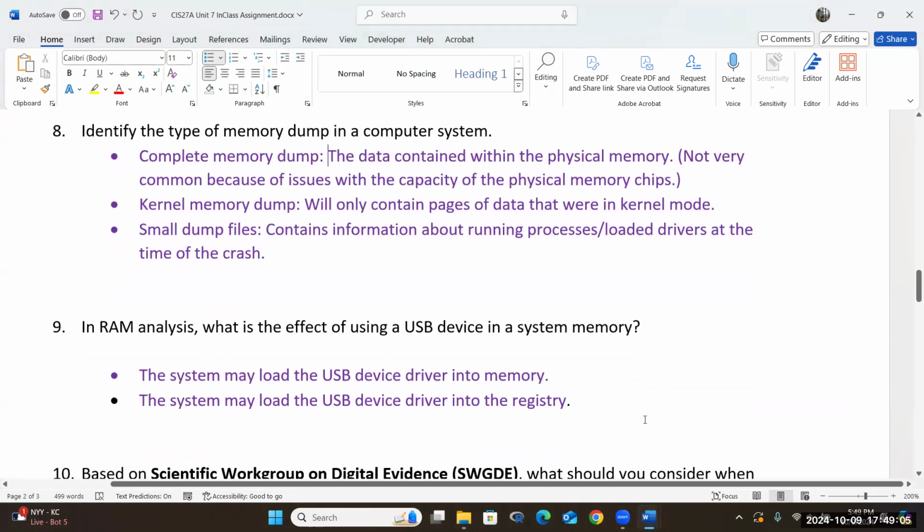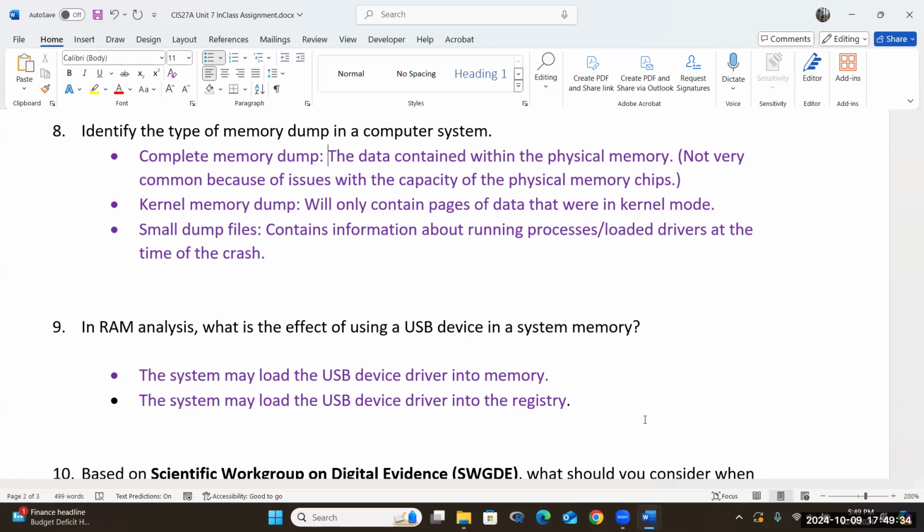So in RAM analysis, what are the effects of using USB devices on your system memory? When you plug in a USB, it automatically changes your system state by updating the memory. That means that the system is going to load the USB device driver into RAM.